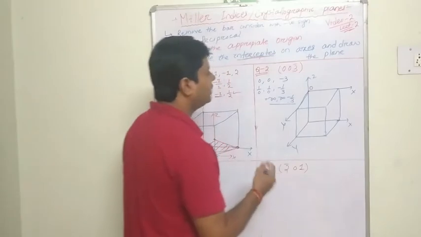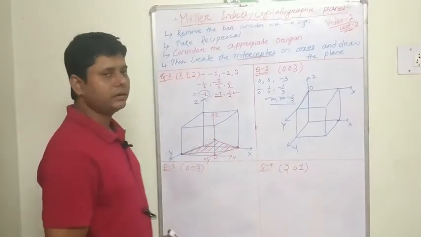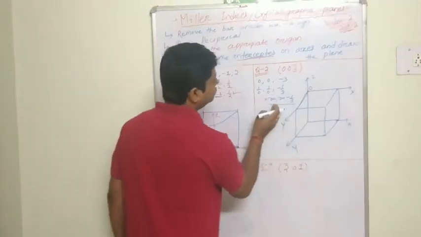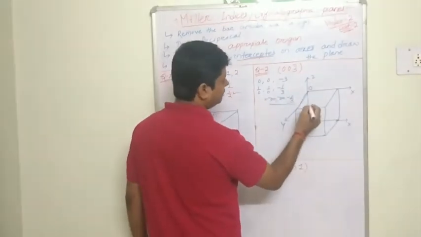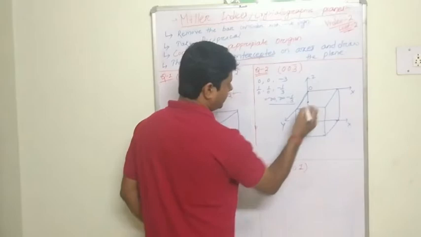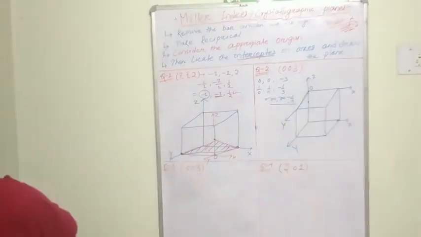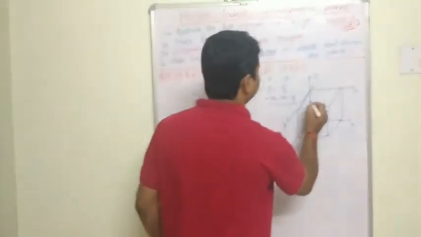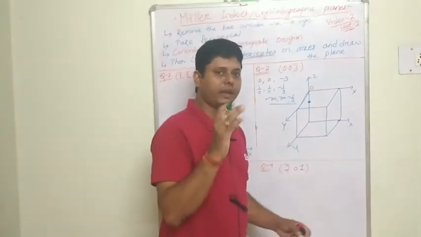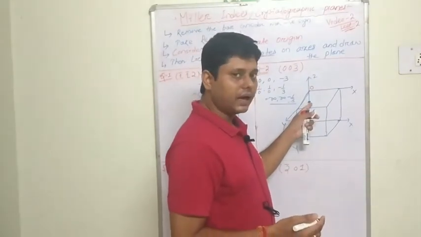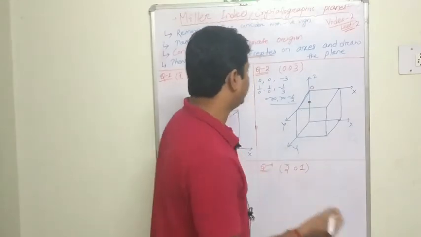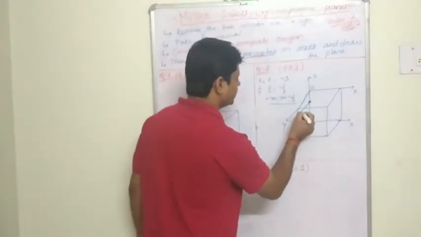Okay, now we have to locate our intercepts. The x and y are infinite, leave them. Z will be 1/3. That means we have to draw a plane in such a way that it cuts this point and is parallel to both x and y axis. It will be like this.